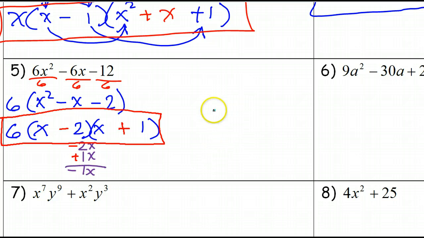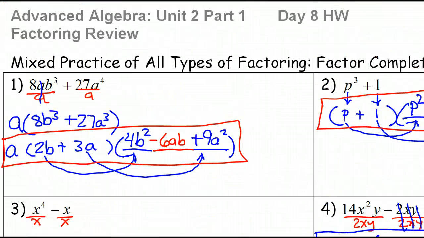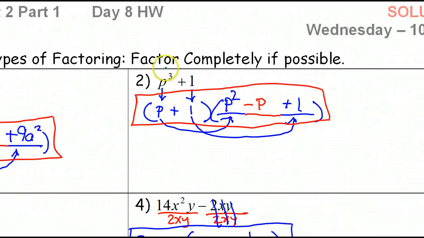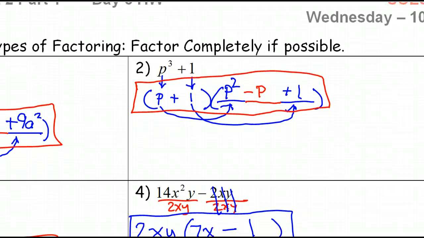Oh, by the way, I noticed on the quiz that we just took, a few of you would keep going and set these equal to 0. Notice two things. The directions just say factor. Factor completely. It doesn't say anything about solving.